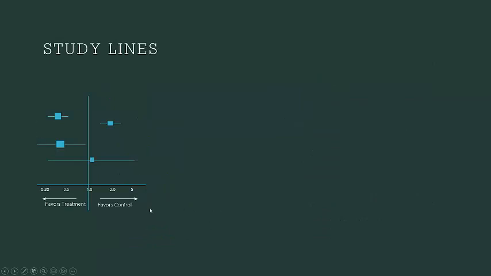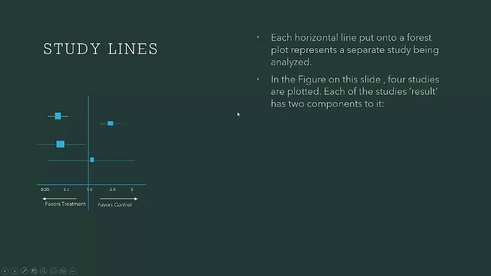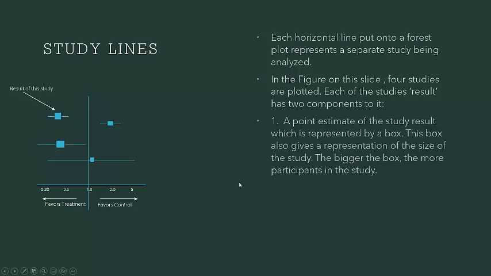Now these study lines are the different studies. Each horizontal line put onto a forest plot represents a separate study being analyzed. In the figure on this slide, 4 studies are plotted. Each of these studies' results has 2 components to it. First of all, a point estimate of the study result, which is represented by this box.